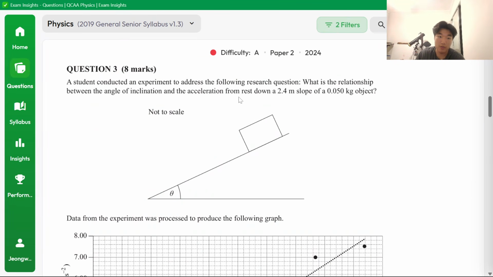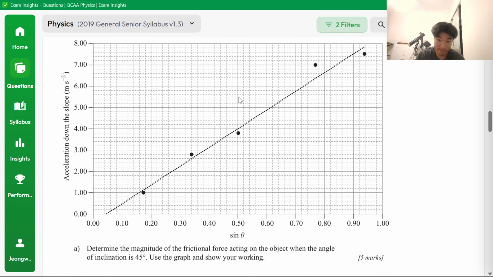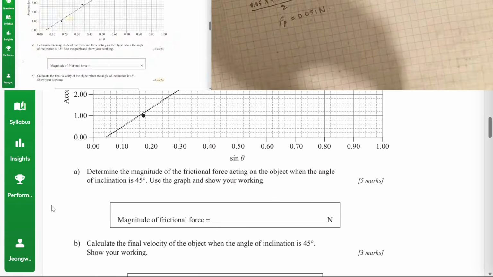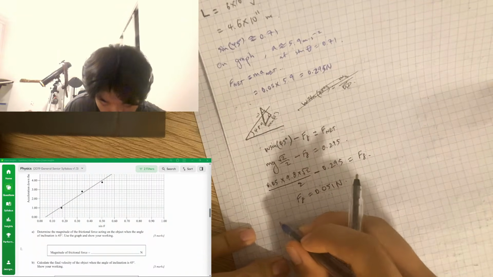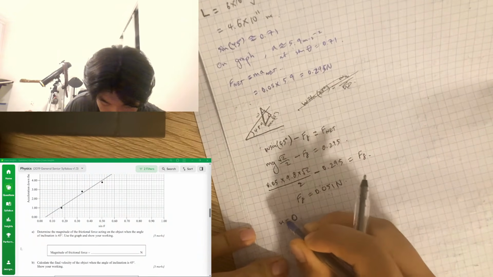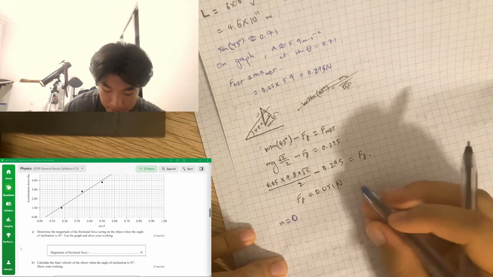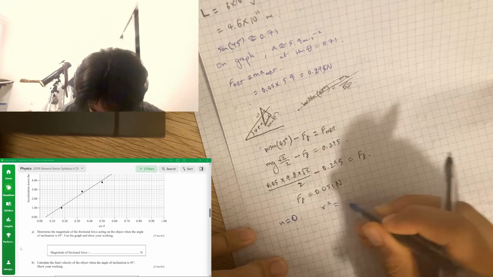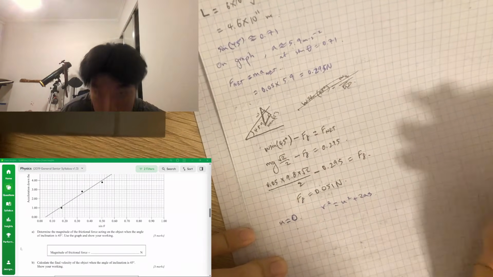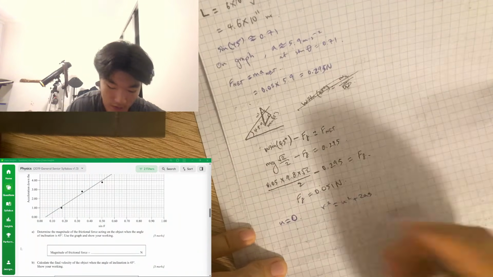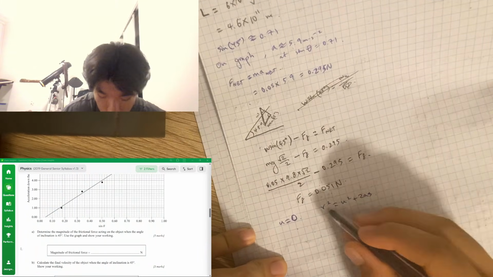It accelerates from rest. Okay, if it's at rest initially, that means u equals 0. We can use v squared equals u squared plus 2as. That's on the formula sheet. We're trying to find the final velocity. We're trying to find v.